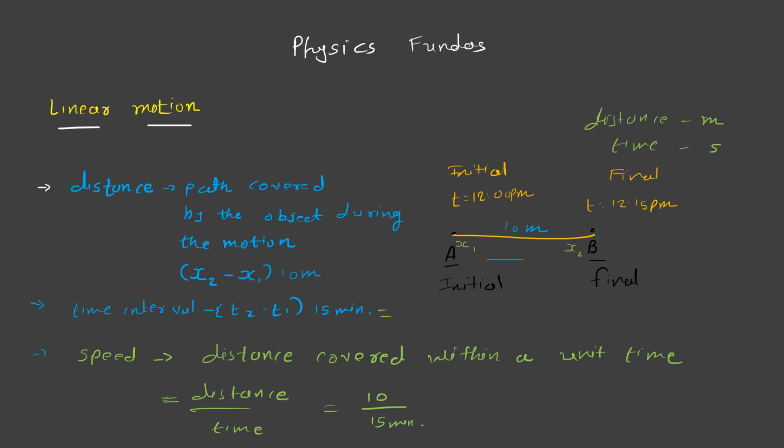So 15 into 60 seconds is nothing but 900 seconds. So 10 divided by 900 meters per second is the speed of that particular object while moving from point A to point B within this time period. This whole concept of linear motion includes three basic terms: distance, time interval and speed.